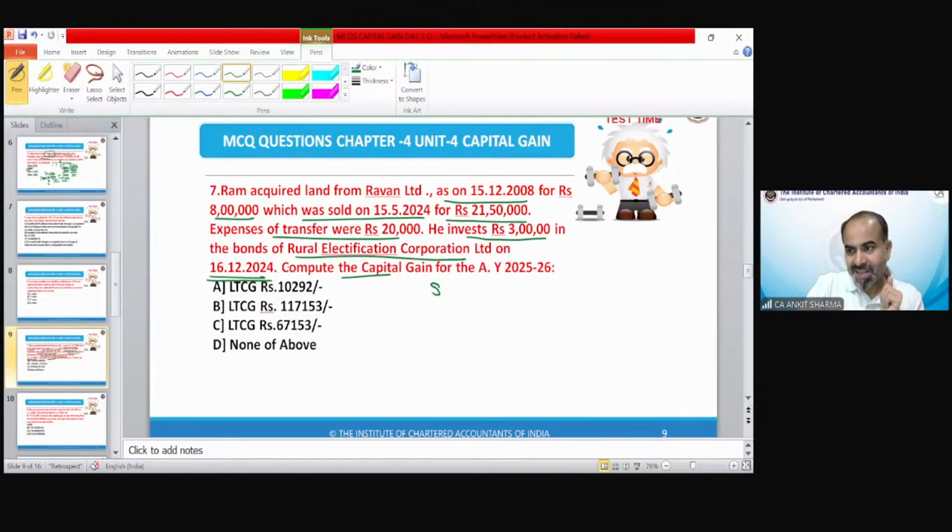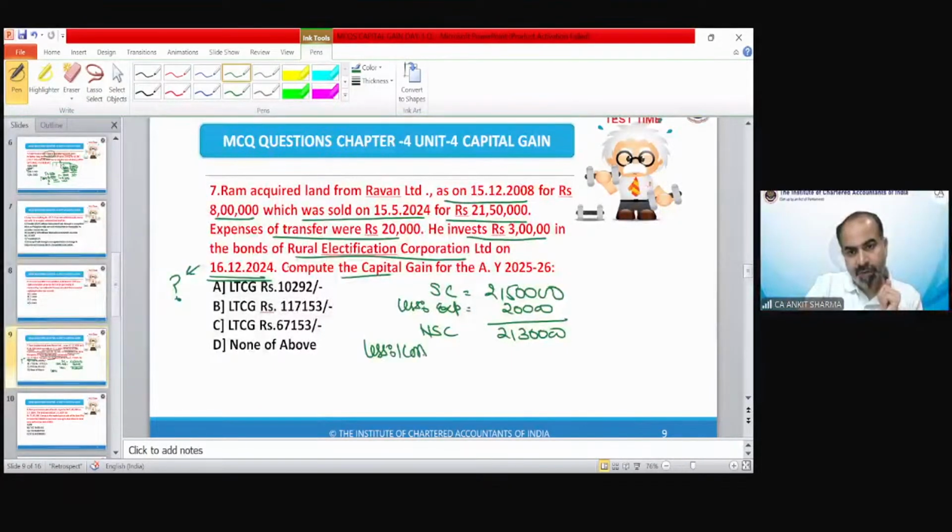In this case, the sale consideration is 21,50,000. Can you tell me which exemption could be applicable in this example? The expense on transfer was 20,000, so the net sale consideration is 21,30,000.